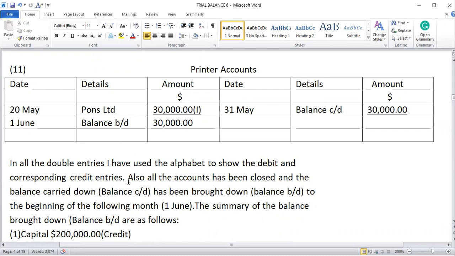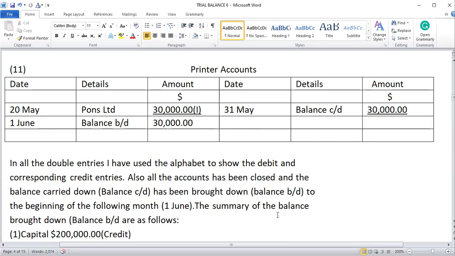Also, all the accounts have been closed and the balance carried down. The date 31st May to the next month, which is balance brought down, to the beginning of the following month, that's the 1st June. Balance carried down, credited 31st May, then balance brought down, debited 1st June, 30,000. That's what I'm saying.